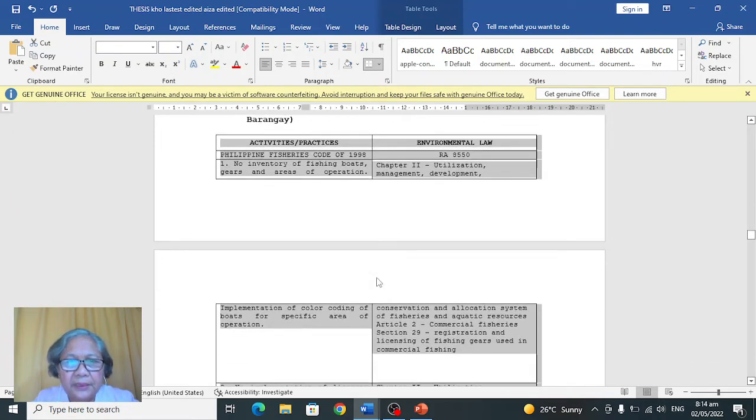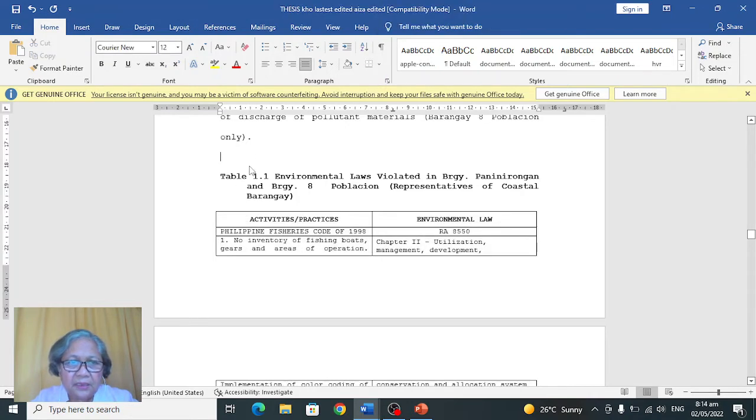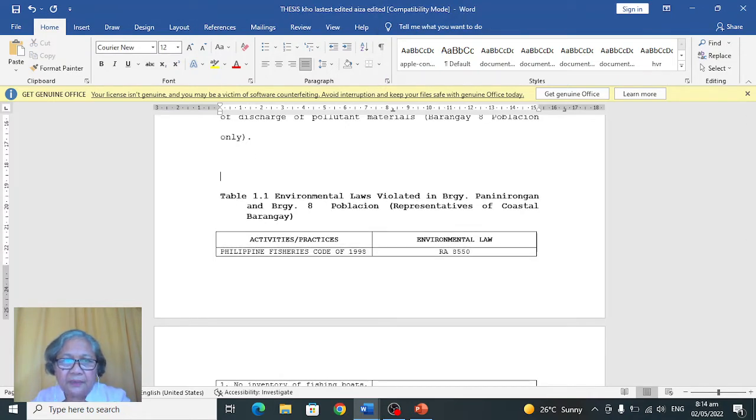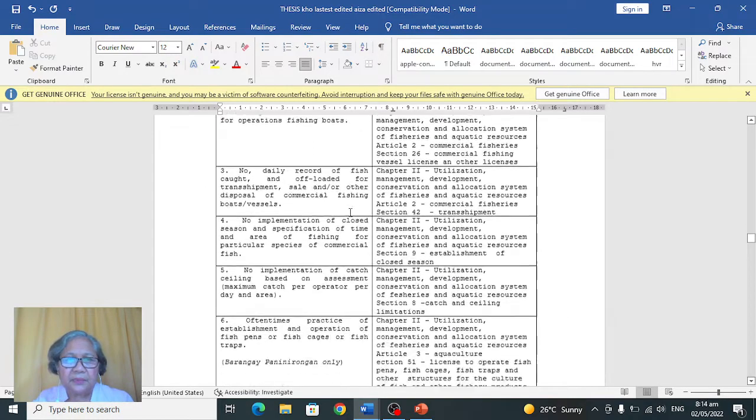And then, since the start of the table in this page is very minimal, you can have this in the next page. No? You can have that in the next page.